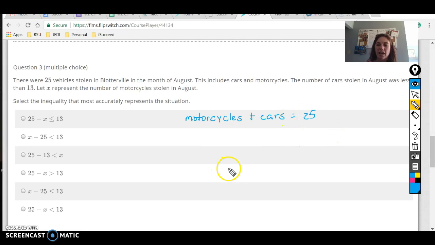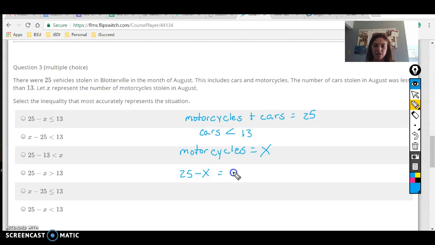And the number of cars stolen is less than 13. So motorcycles stolen equals X. So I know that 25 minus X is cars.